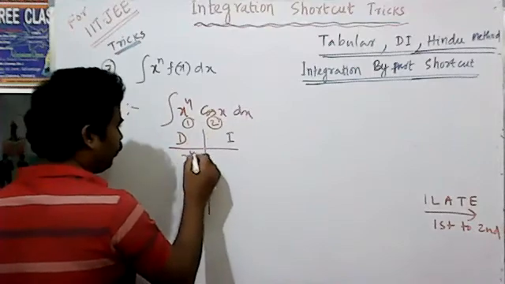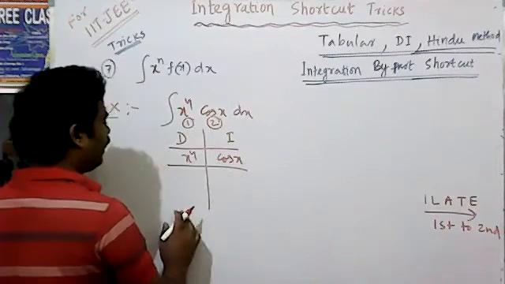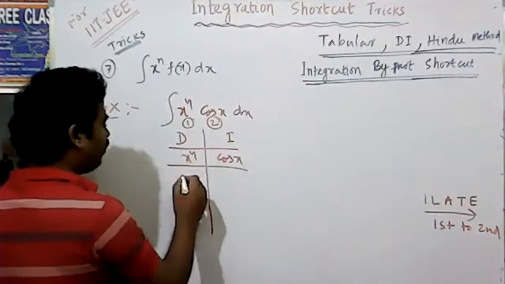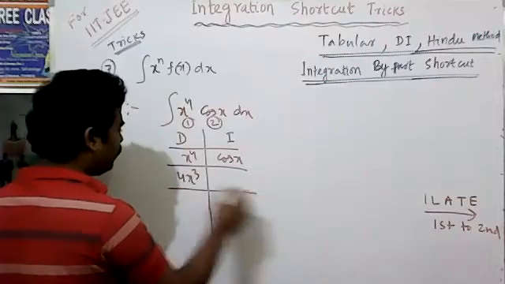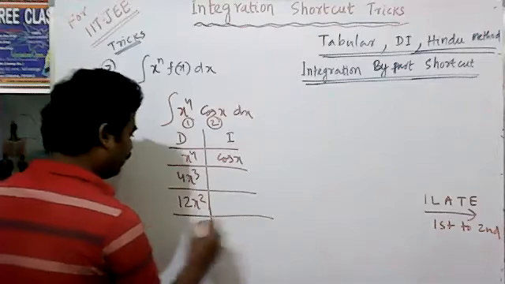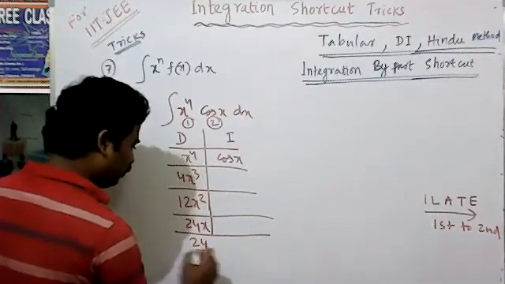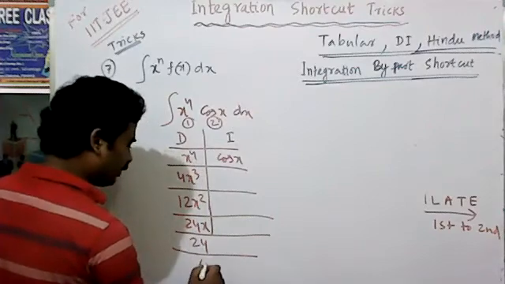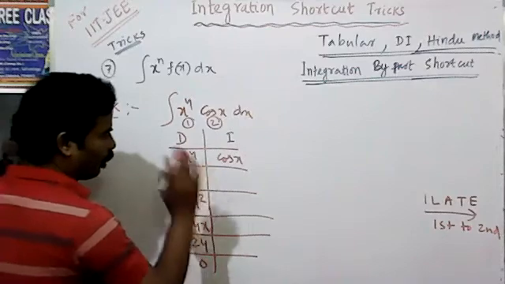Here x4 is the first and cos x is the second. Now find the derivative: 4x cube. Similarly 12 x square. Then 24x. Then 24. Then it comes to 0. After it comes to 0, you stop.